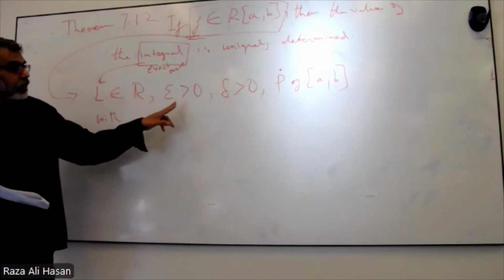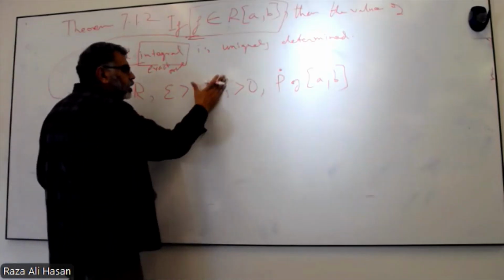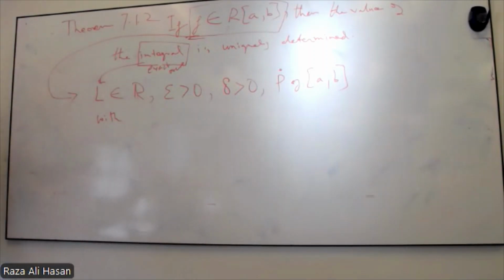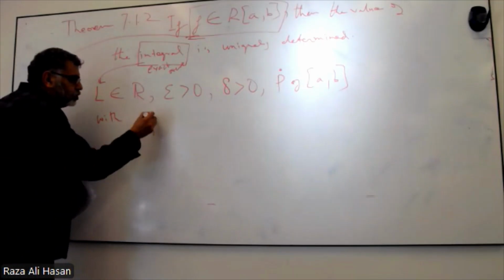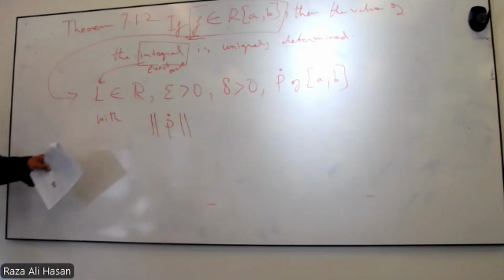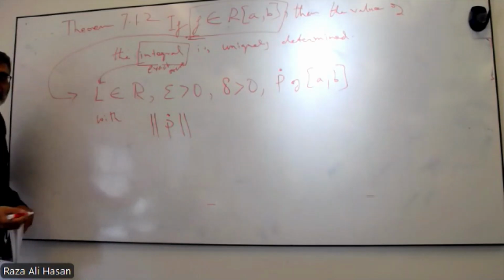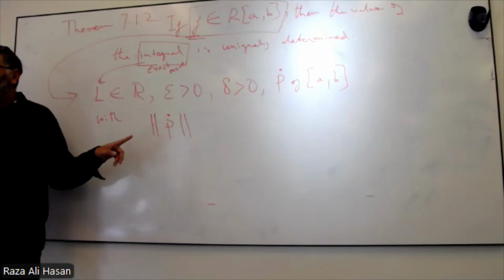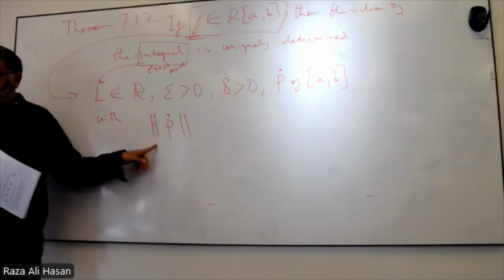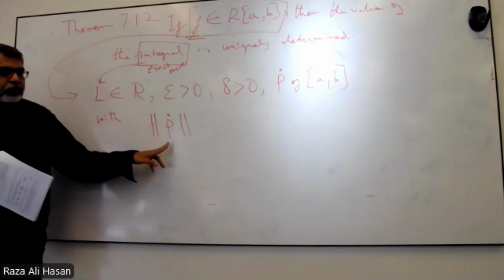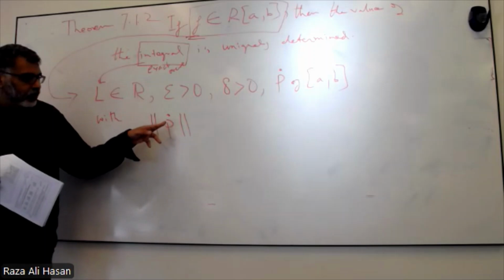Now we need to bring this guy and this guy. This doesn't look like a delta, does it? This is better. So I'm going to write this down. What's another way to say that? This is the mesh or norm. When you have two vertical lines together, it's like the absolute value sign, but this is for partitions, so whatever you stick in here.